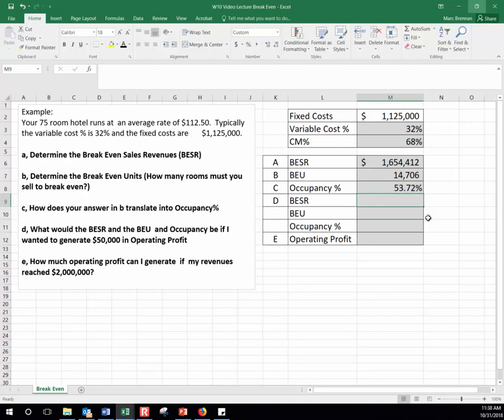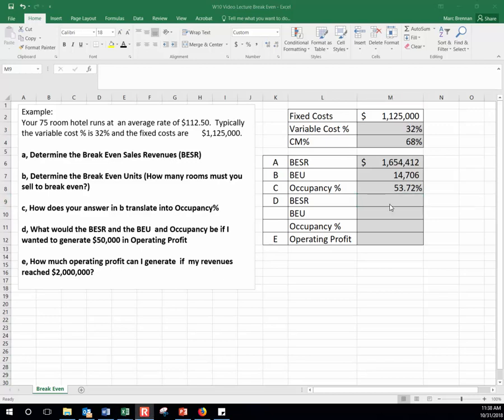So now I want to make an operating profit of $50,000. So we need to find out our break-even sales revenue for that amount of money, our break-even units, and our occupancy percentage. So how can we do that?